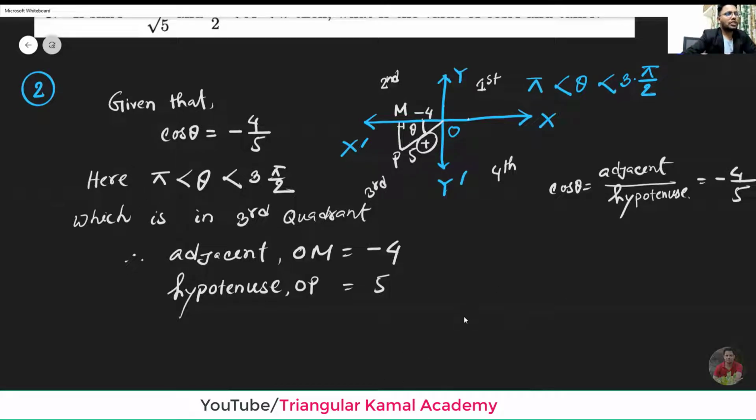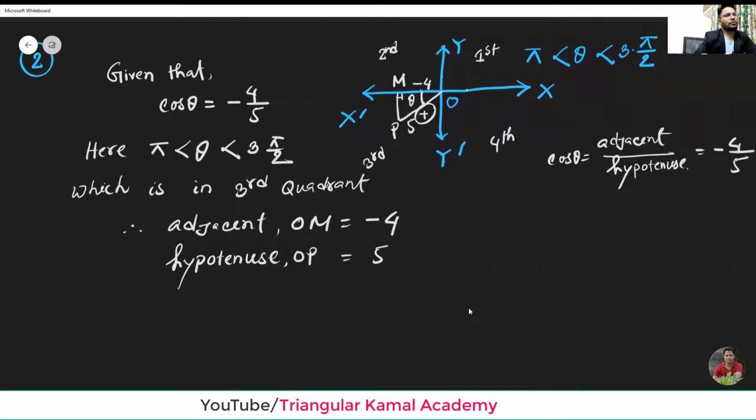So now by using Pythagoras' theorem, we can find the opposite side PM. So now in triangle OPM, here PM square plus OM square is equal to OP square. The sum of the squares of the adjacent side and opposite side is equal to the hypotenuse square.